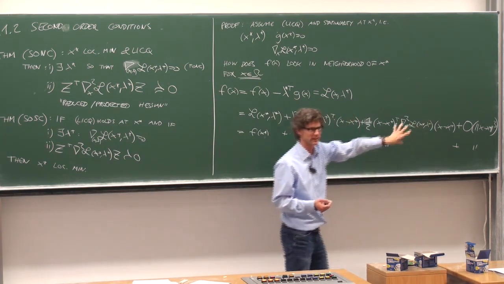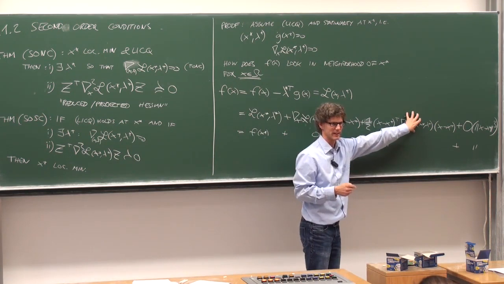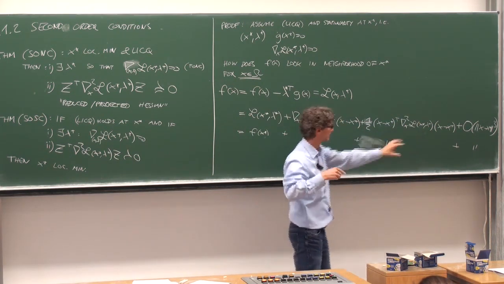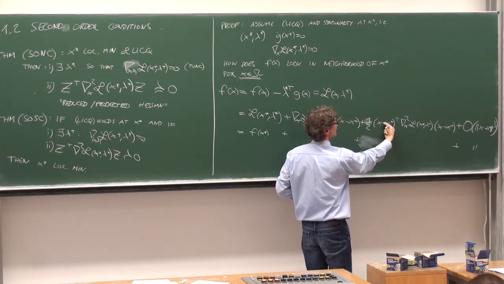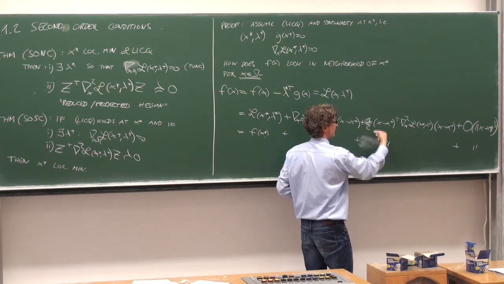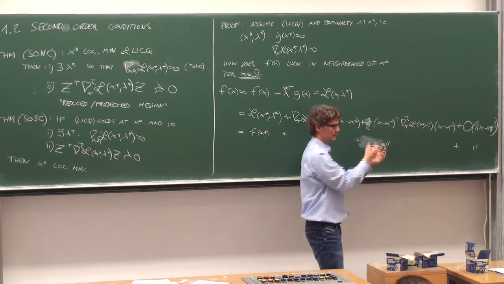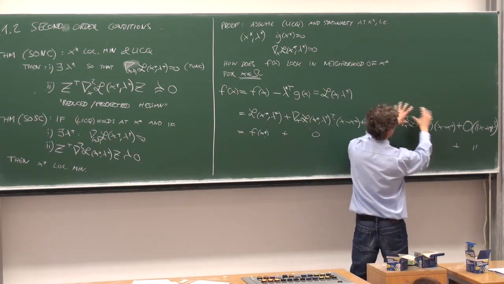If there would be a negative eigenvalue in this matrix here, in the direction of the null space of our constraints, then it would actually mean that there is a direction, a curve, that starts at x0 and goes into the feasible direction, which creates a difference vector having a negative product.